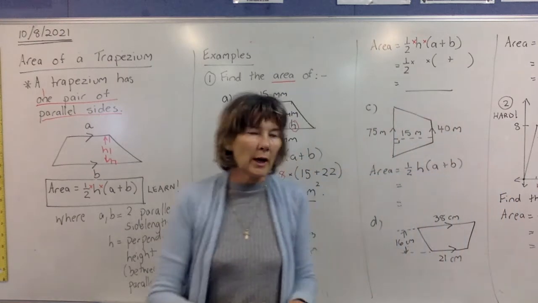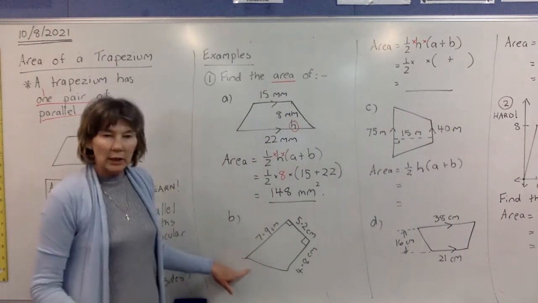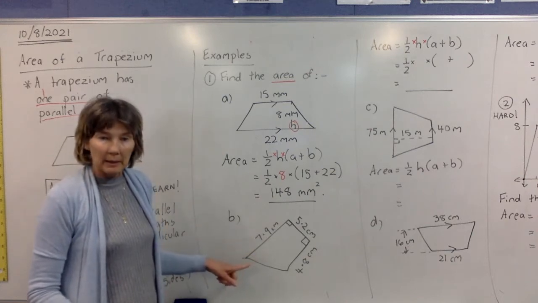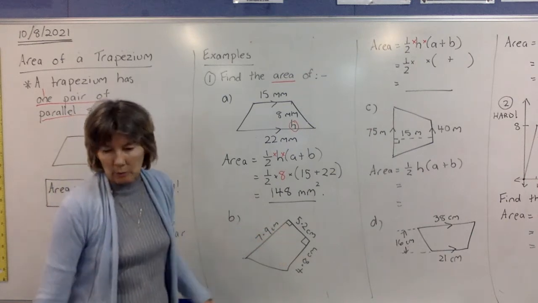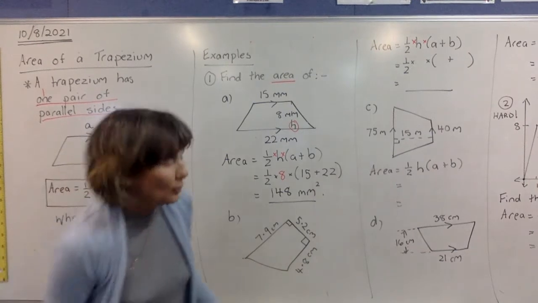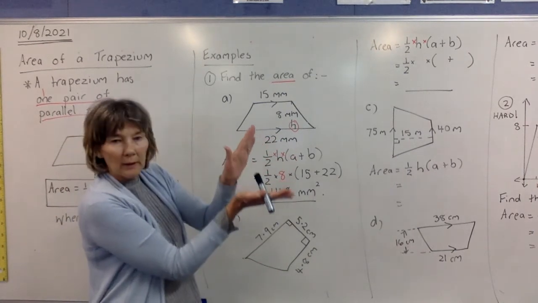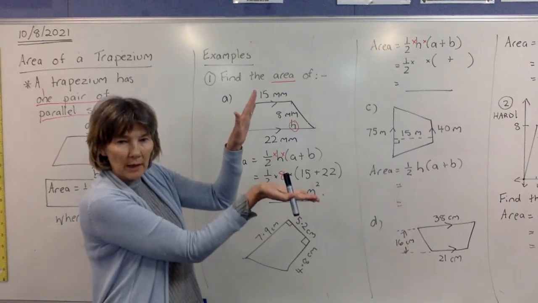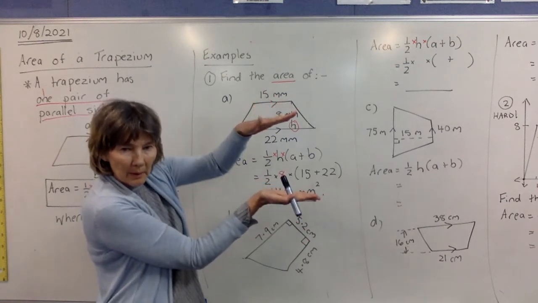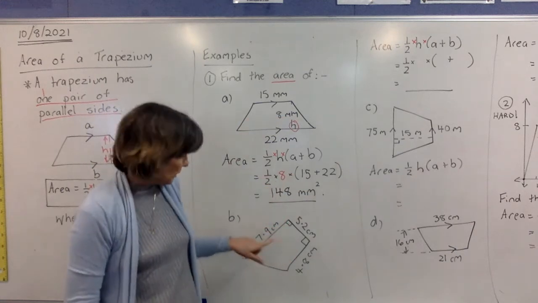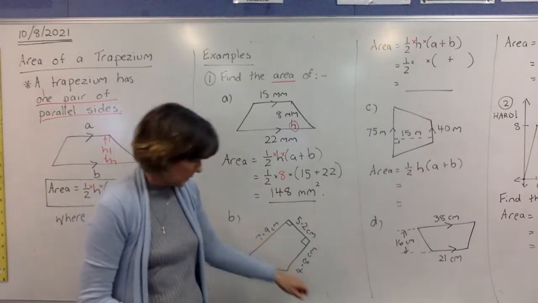All right, so let's try another one. Here's our diagram. Now, there's no parallel line markings on here, but we have two right angles. If I had two lines like that, and I straighten them up and put two right angles in there, it really is telling you that these two lines are your parallel lines.